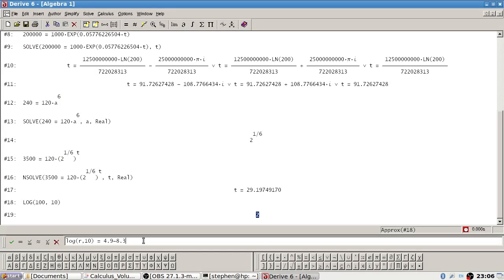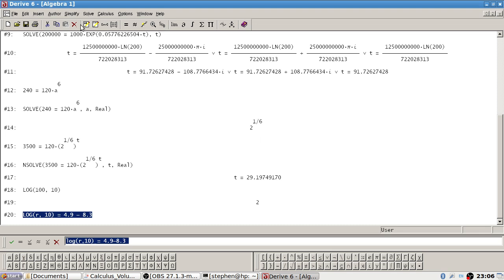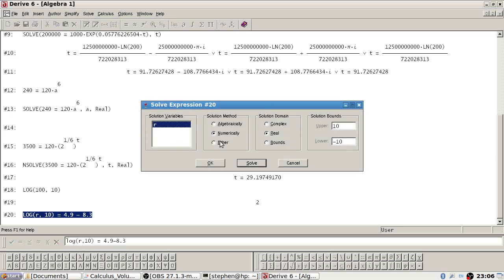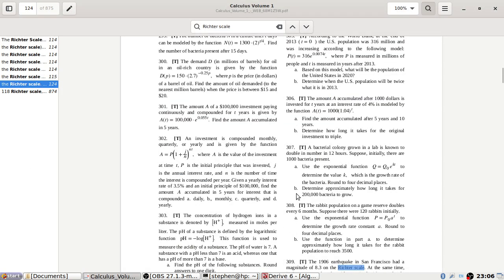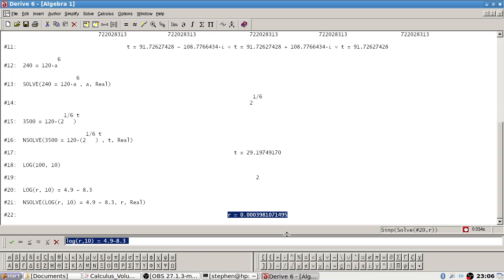Okay. So I want to solve this expression for R. I wonder if that's a typo.